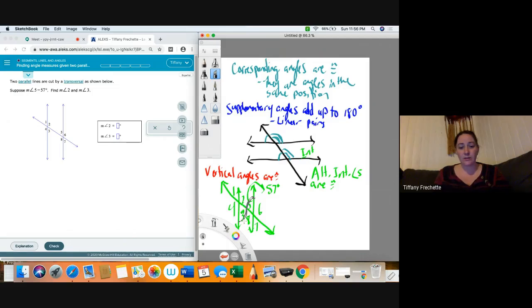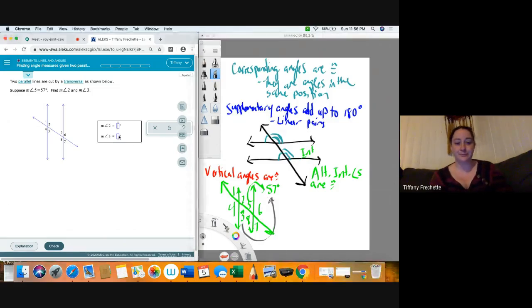So these are called alternate interior angles. 3 and 5 are alternate. So in this case, I know that 3 is also equal to the 57. And that's just because of the definition of alternate interior angles, which oddly enough they did not give you on the last page.